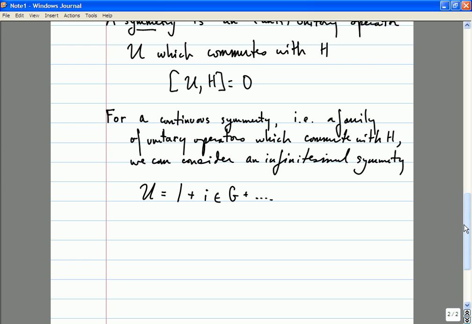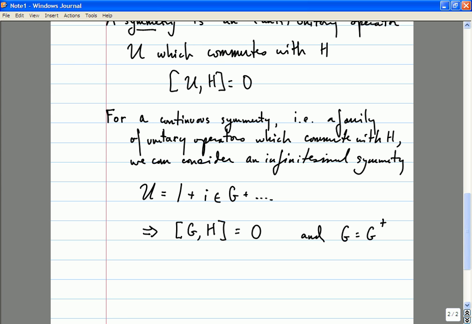And then the fact that U commutes with H will imply that each one of the terms in this series expansion order by order in epsilon must commute with H. So in particular, G is some sort of operator that commutes with H. And G, because of my choice of this factor of i in the way that I have written this expansion, is going to be a Hermitian operator.